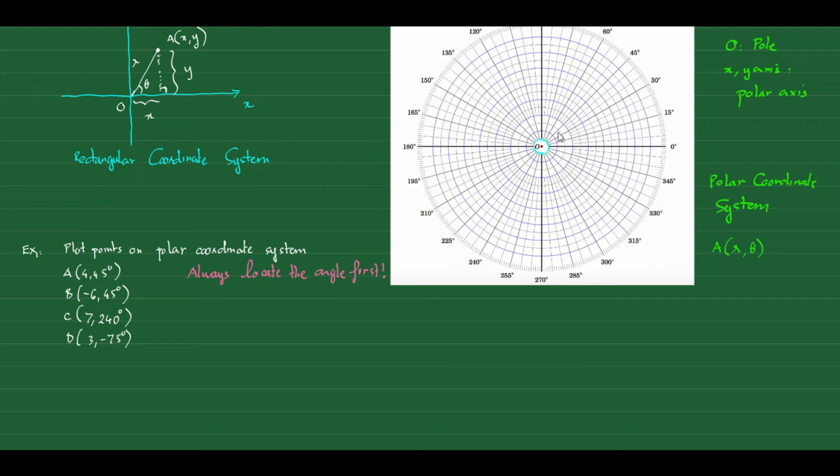The yellow is not really good to see, right? Pink is easy to see. There you go. So that is point A right over there.